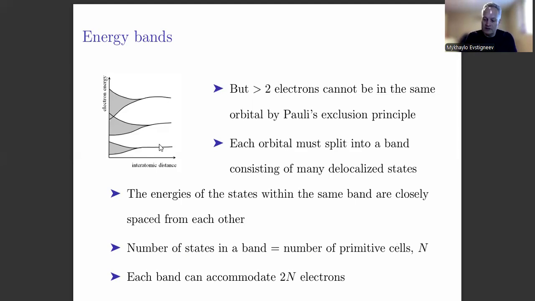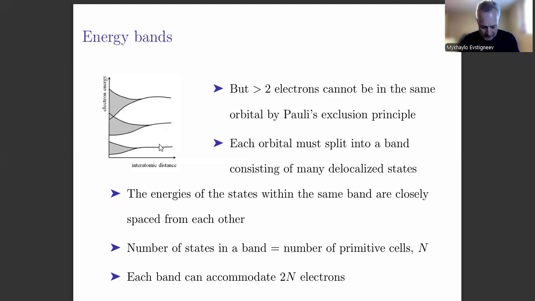They can hybridize, just as in the sp3 hybridization process that we have discussed when we talked about formation of the diamond crystal lattice: silicon, carbon, diamond. But there will be bands.